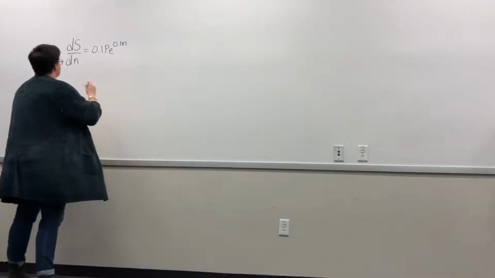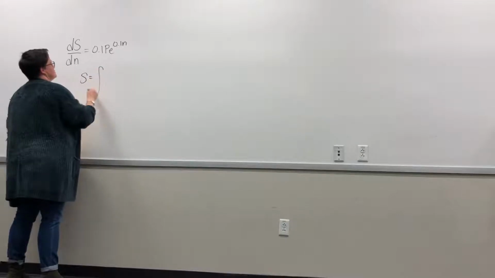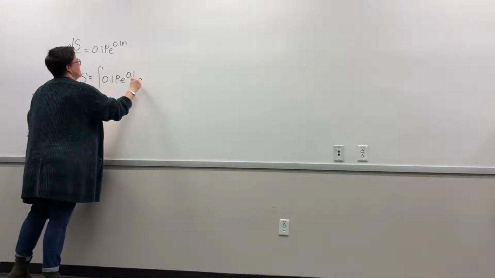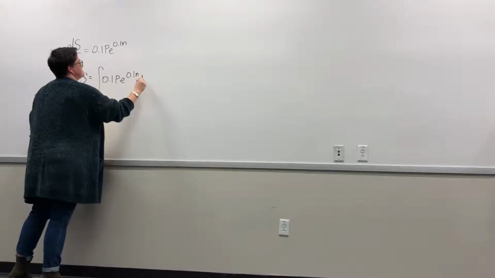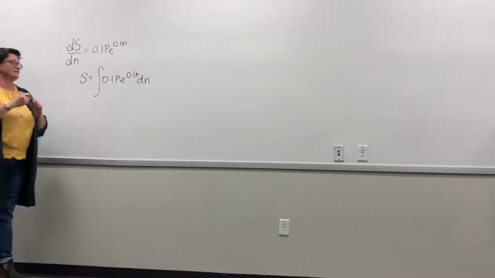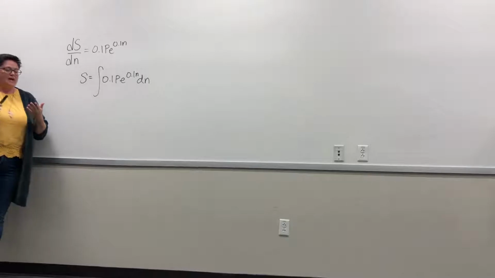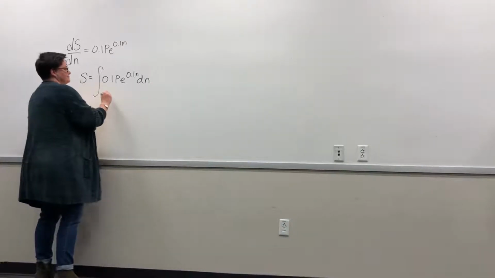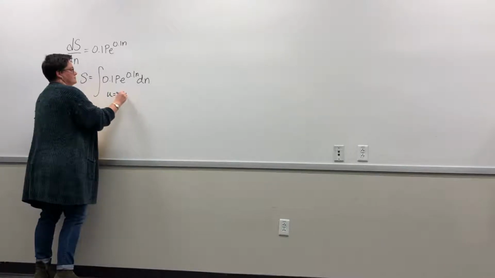Okay, so S is going to be the integral of 0.1 P e to the 0.1 n with respect to n, because n is our variable. So again, P is a constant, guys. So what's our u? The 0.1 n. And what's u prime? 0.1.